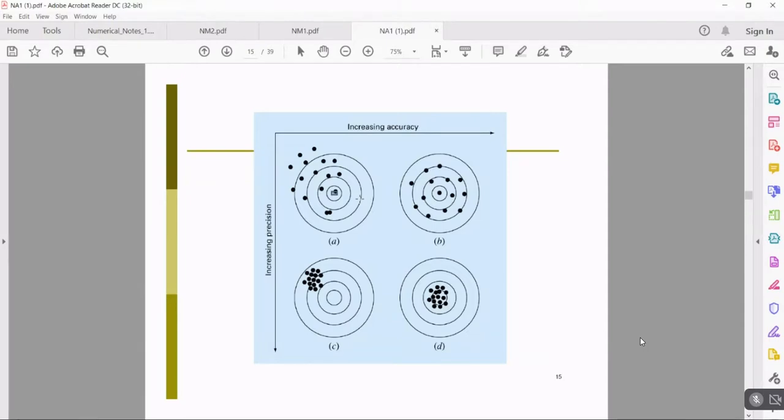This is the way we get an approximated root sequence toward the actual root 2. None of them is equal to 2, but they are moving towards 2 as the number of iterations increases. So this is my x naught, then I get x1, x2, x3, x4, like this.